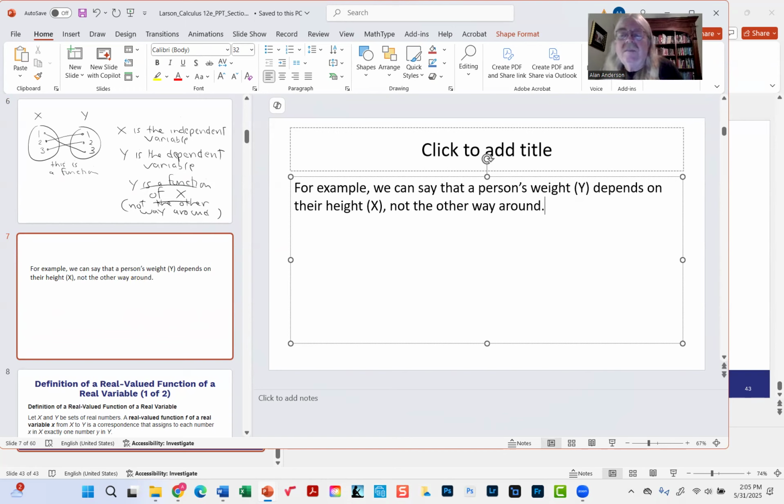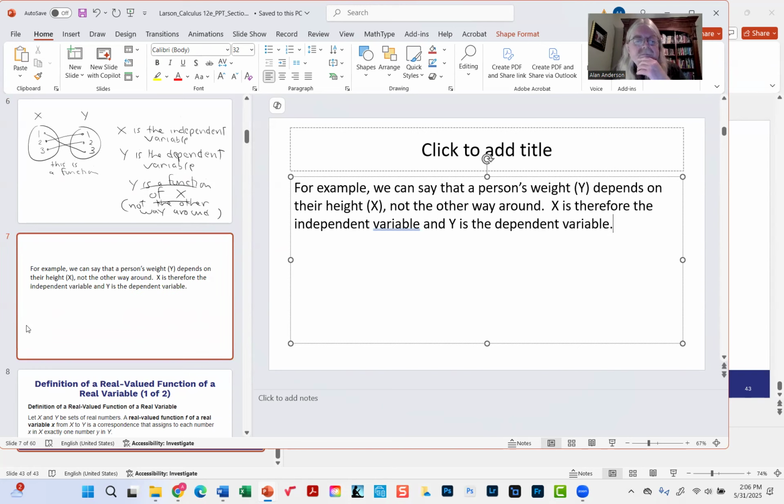Your weight depends on your height. It's not the other way around. So therefore, in that case, x is the independent variable, and y is the dependent variable.